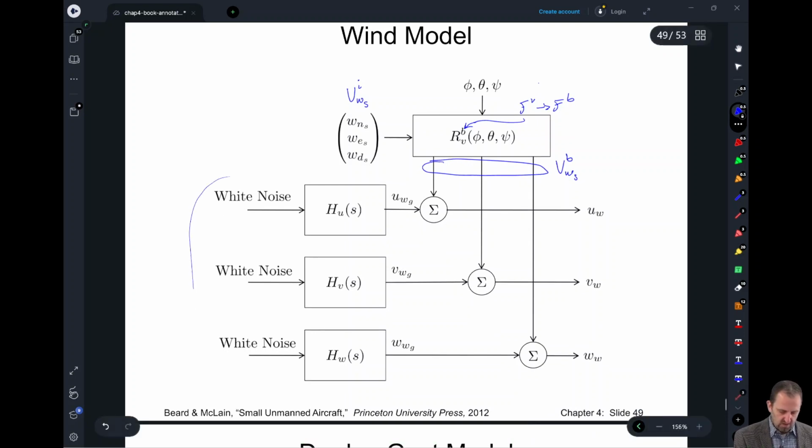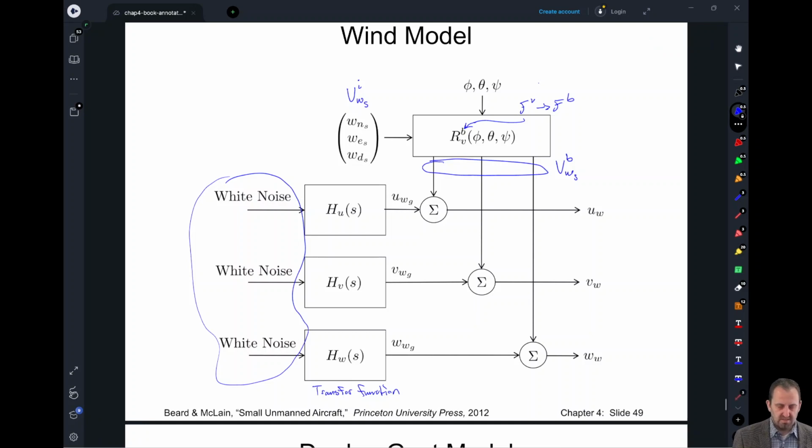And we're going to input white noise into a transfer function. We have this transfer function. And the output of that is going to be our gust model. So remember, this is our x, y, and z components of the gust. So these guys together make up v sub w sub g in the body frame.